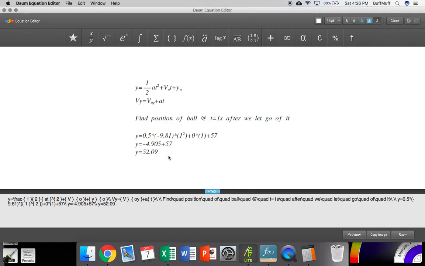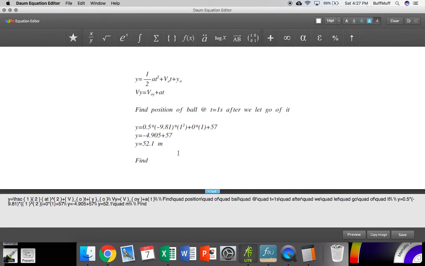Okay, so 52.1. So at 1 second after I let go of my ball, the position of the ball is 52.1 meters above my reference point, above the ground.